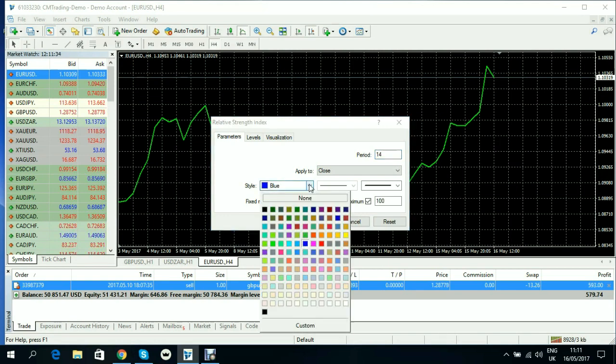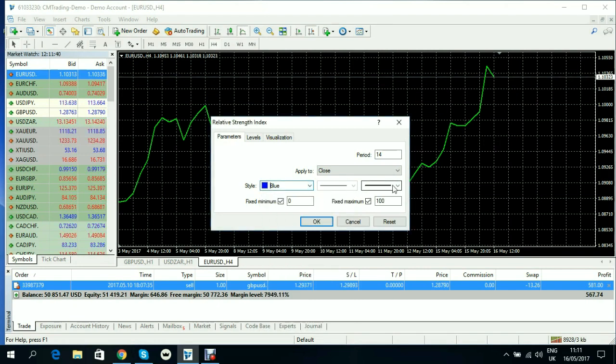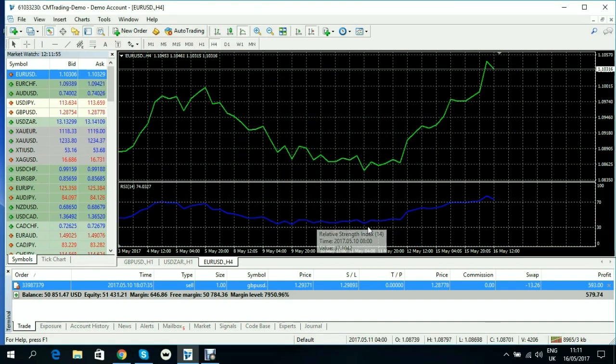If you just click on this drop down here, you choose your own color, and then you can increase your font here, and then let the fixed minimum be 0 and the fixed maximum be 100. Then you click OK, and then you will see the RSI indicator on the chart for you to use for the analysis.